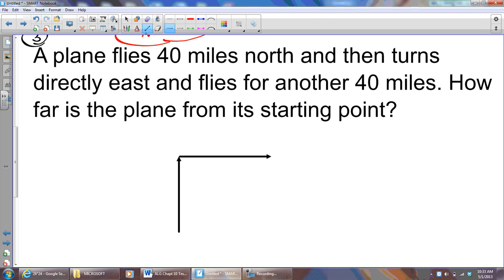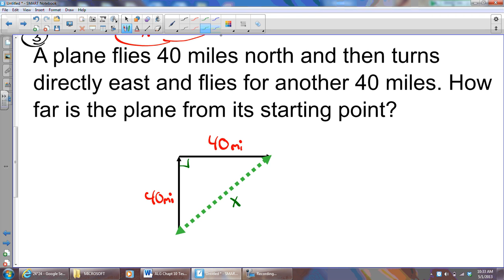I know that he went 40 miles this way and 40 miles that way. I want to know how far he is from his starting point. So I want to know this distance. I'm going to call that x. Can you see the right triangle?